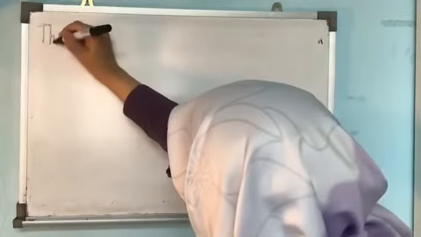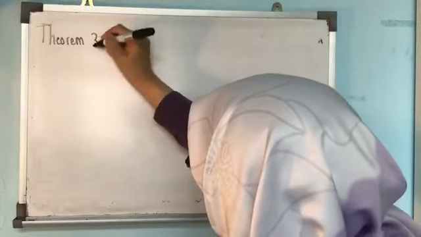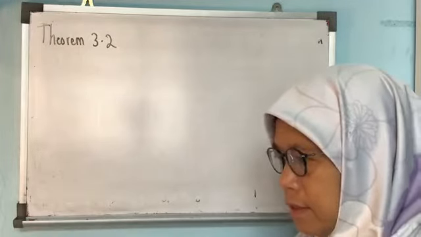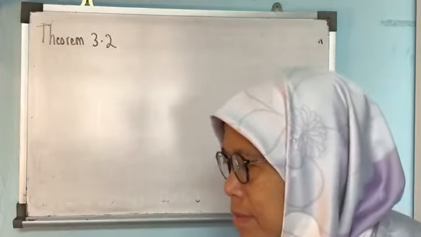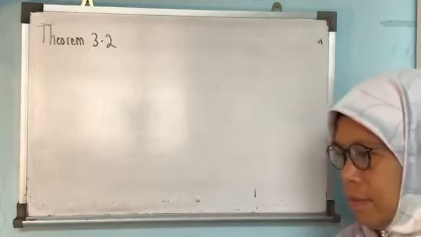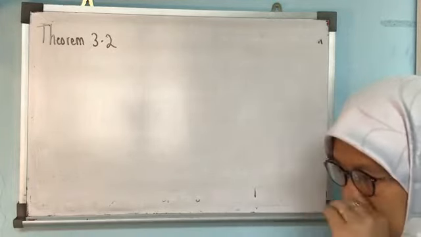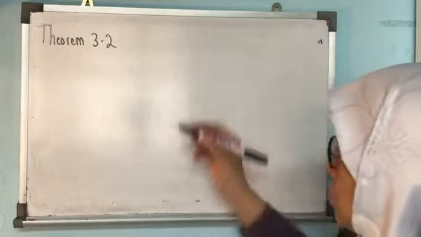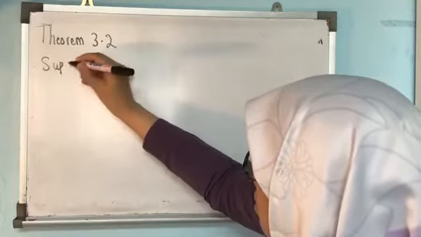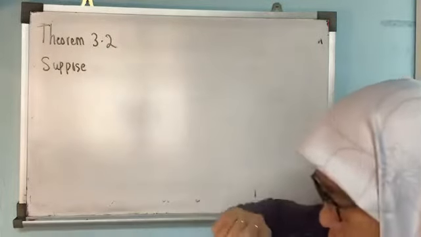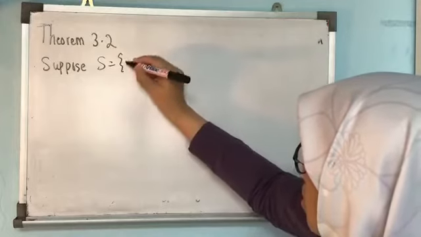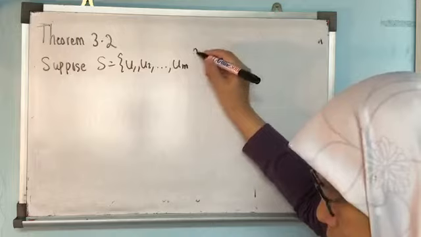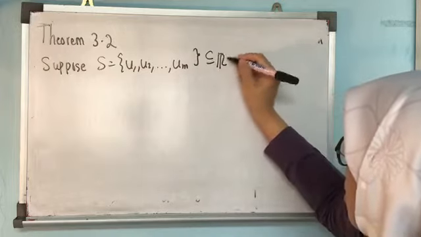Theorem 3.2. All right, suppose U1, U2, Um is in Rn.